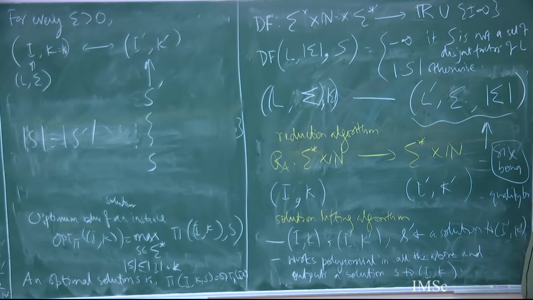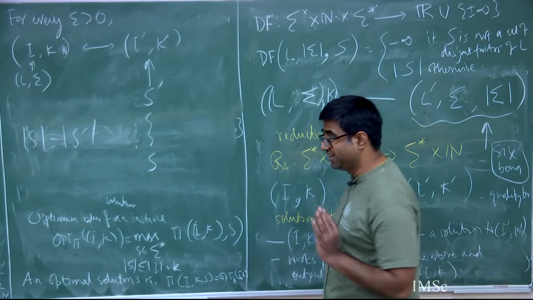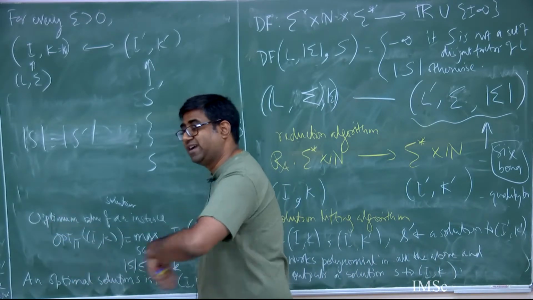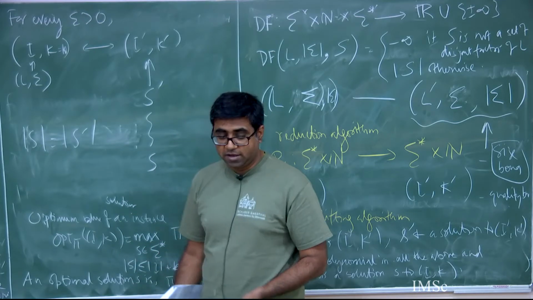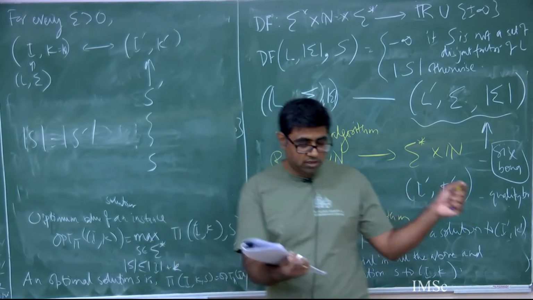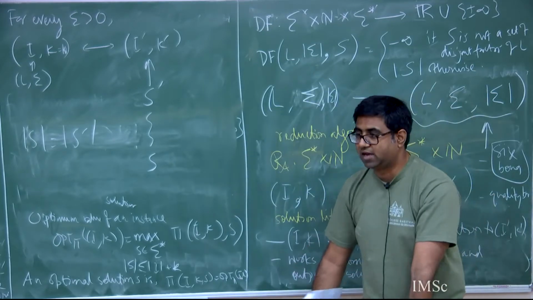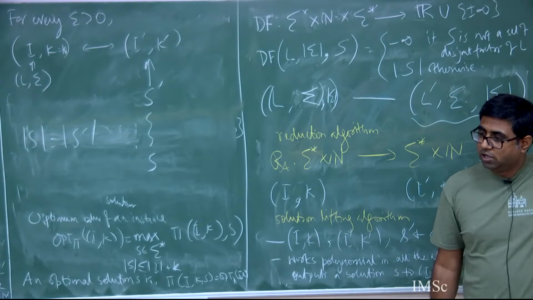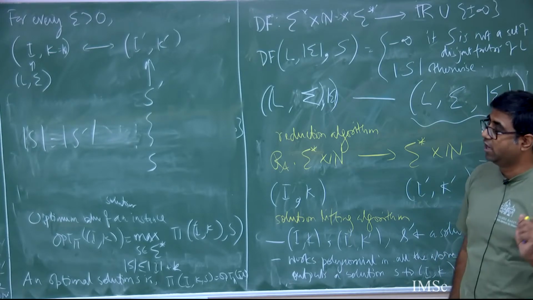Now, in the forward direction, if I have a k size solution, I can only guarantee a certain kind of solution, because certain kinds of solutions only exist in the output instance. Hence even if you solve it optimally, I cannot guarantee you an exact solution here. What generally happens in kernelization is that if you solve it exactly, I will definitely give you an exact solution for the original instance, but this guarantee I will not give you.